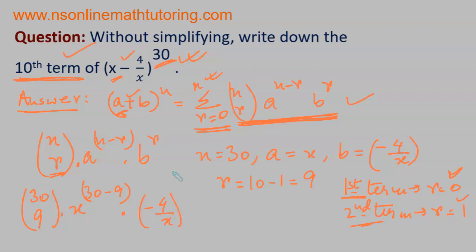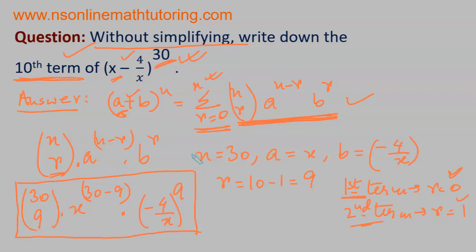This should be raised to the power of r, that is 9. They have asked us not to simplify. So our answer will be 30C9 times x to the power of 30 minus 9 times (negative 4 over x) raised to the power of 9.